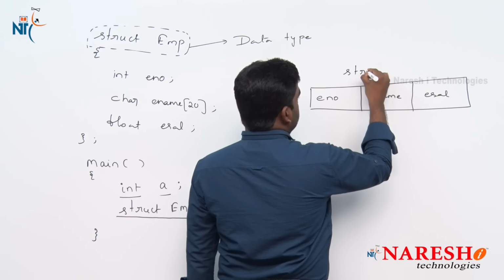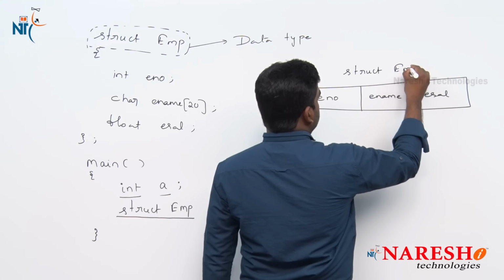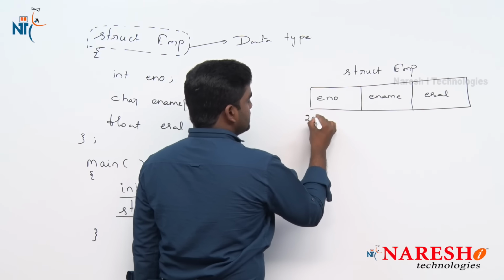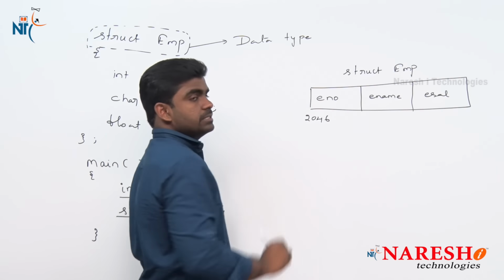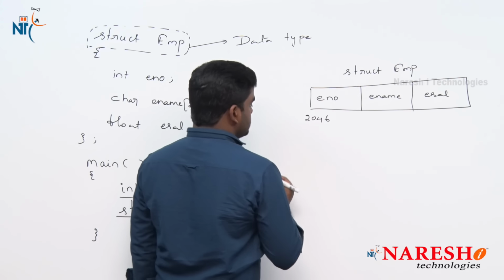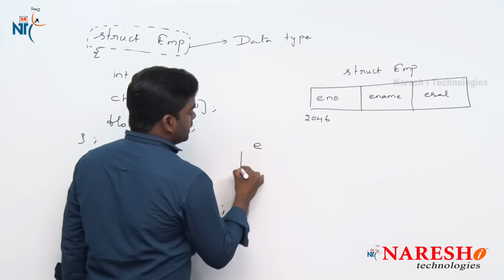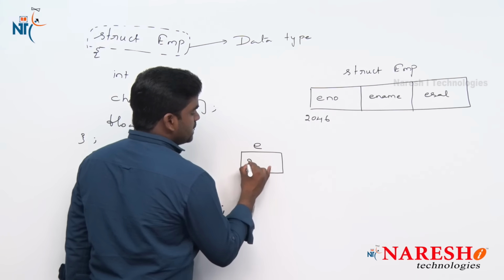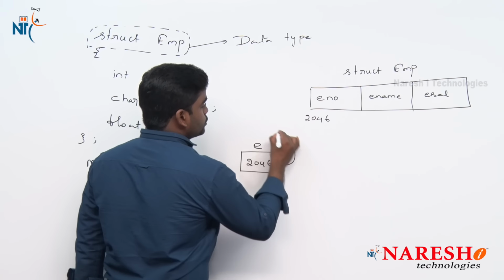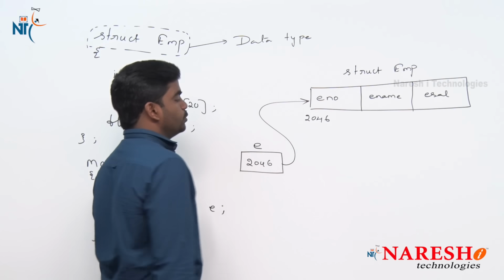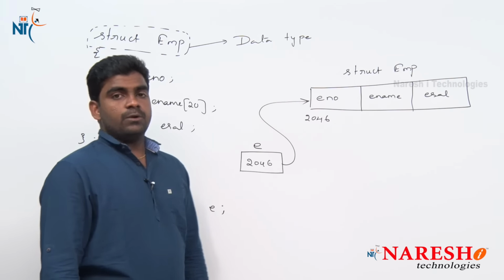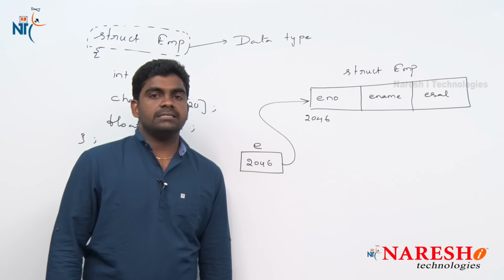This is a struct emp type. At some location, the base address is a random address, just like an array. This is called the base address. A structure variable always holds a base address only, and by holding the base address it is pointing to that one. Sir, what type of variables hold addresses?